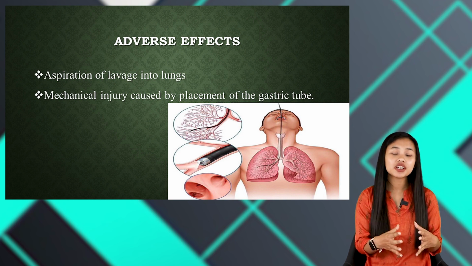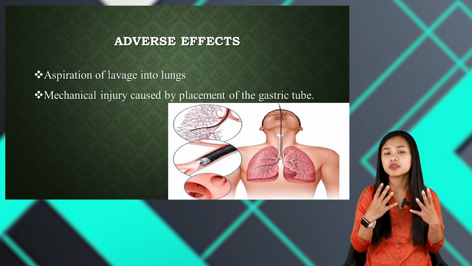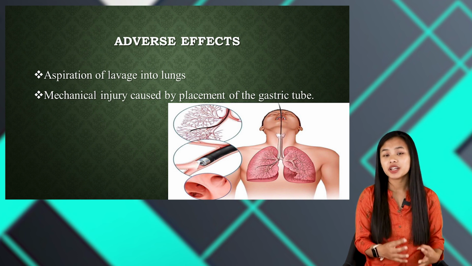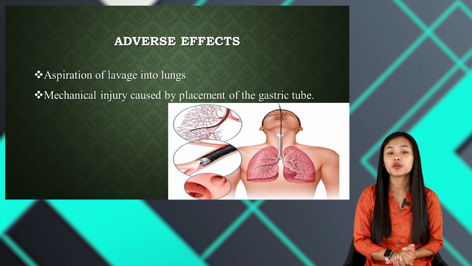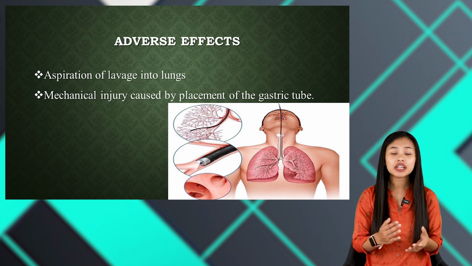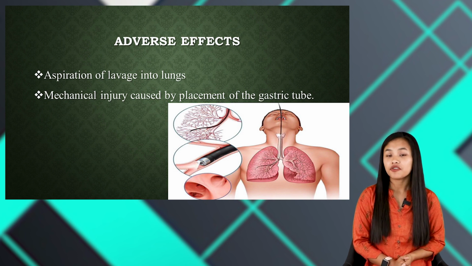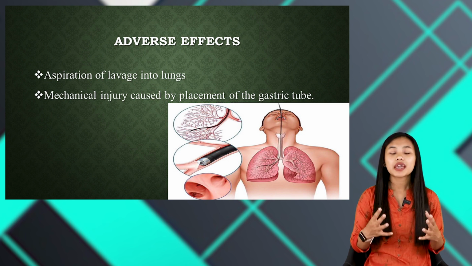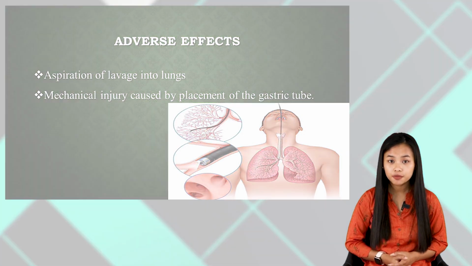Since this procedure involves placement of a tube into the stomach, if by mistake the tube has been placed into the lungs instead of the stomach, and you perform a procedure such as flushing using normal saline or suctioning, there may be an aspiration of lavage into the lungs. Mechanical injury can also be caused due to the placement of the gastric tube.